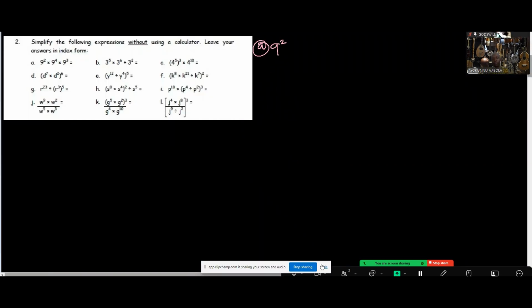The first one says 9 squared times 9 raised to the power 4, also times 9 raised to the power 3. Even if there are hundreds of the 9, just pick one of them, then add up all of the powers. So 2 plus 4 is 6, and 6 plus 3 is 9. So 9 raised to the power 9. That is going to be the answer here.